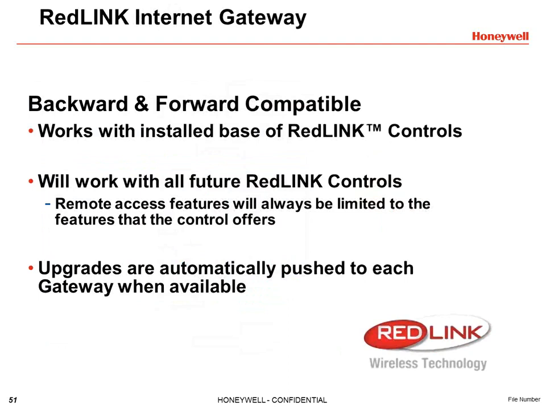The Redlink are backwards and forwards compatible, so any Redlink thermostat out there is going to be able to connect to a Redlink technology with the gateway and get internet access.